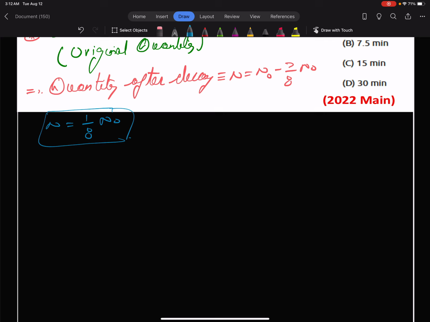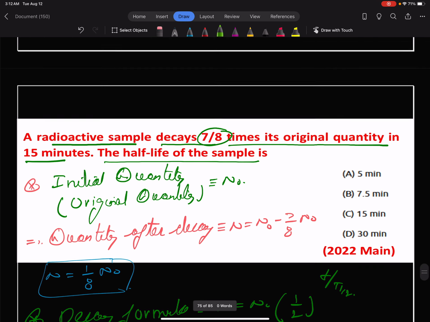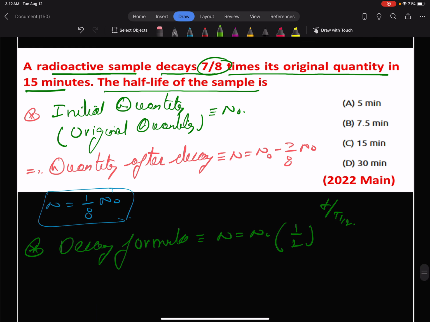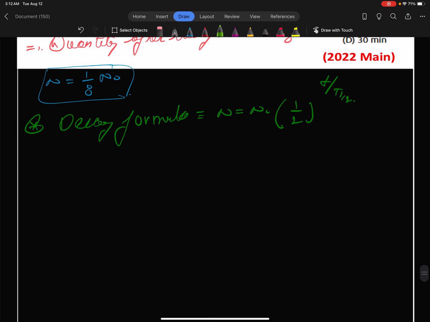Now we can use the decay formula. It gives us that N is equal to N naught times (1 by 2) raised to power T upon T half. Half-life we are going to find out, and the value of T is given to us as 15. From here we can write that N upon N naught is equal to 1 upon 8.